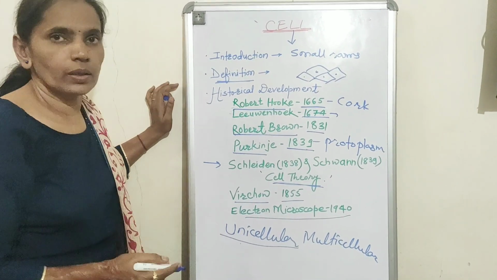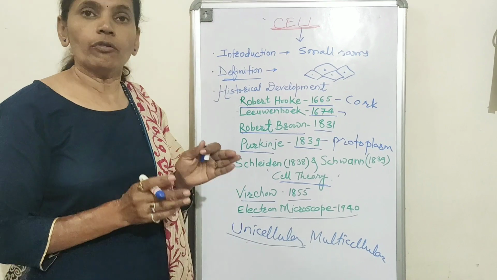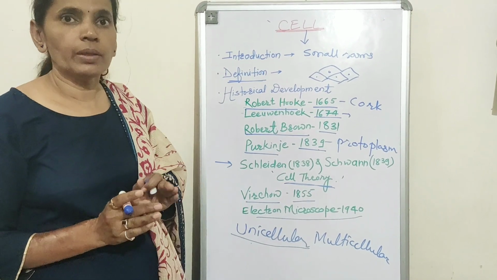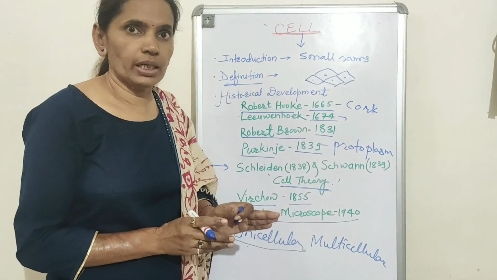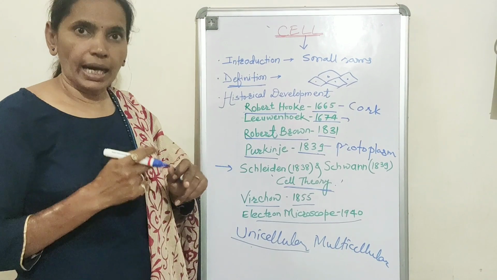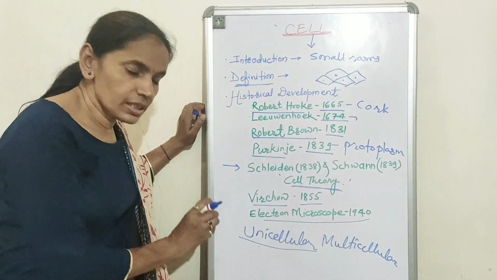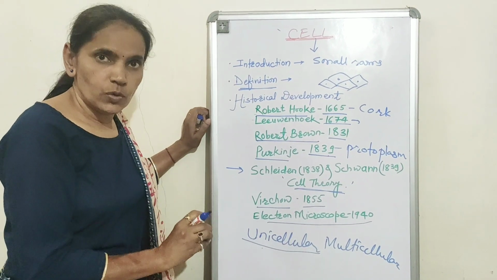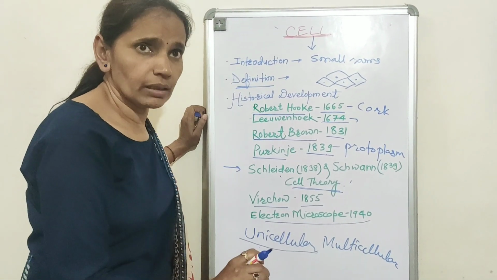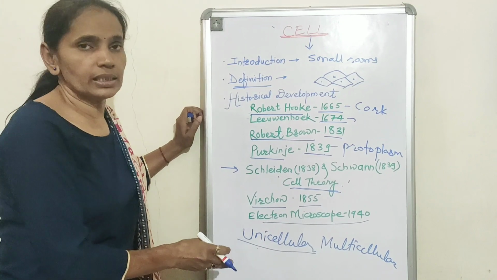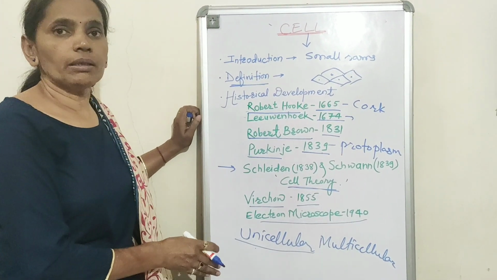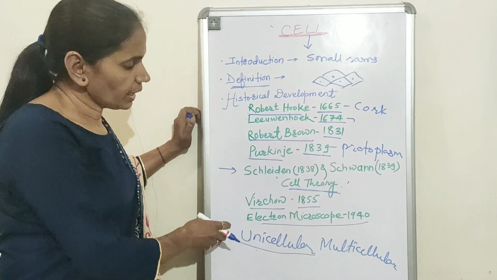These unicellular organisms are a primitive type of organism. These are mostly microorganisms, and all the different activities are performed by a single cell. Examples are amoeba or different kinds of bacteria.